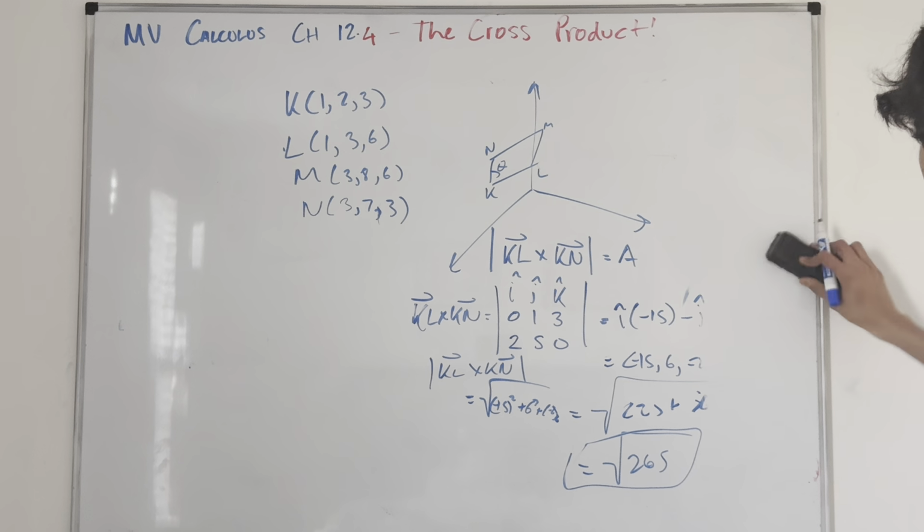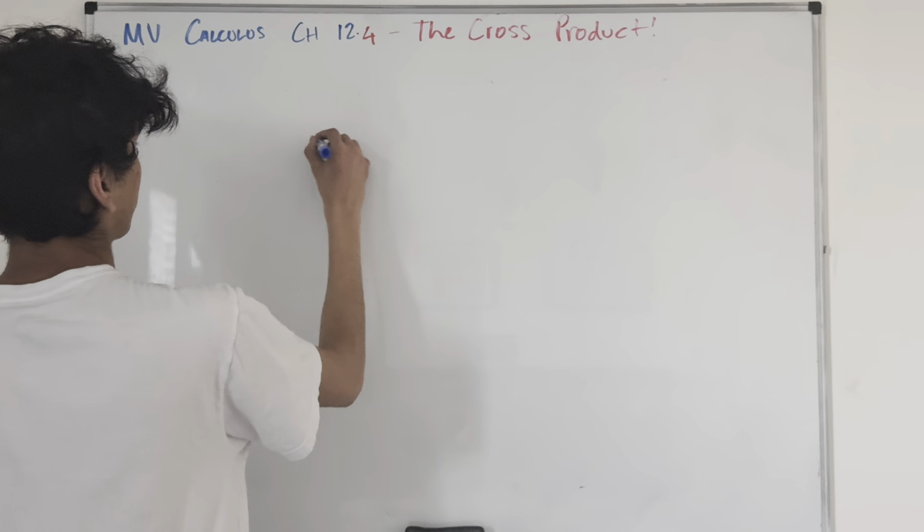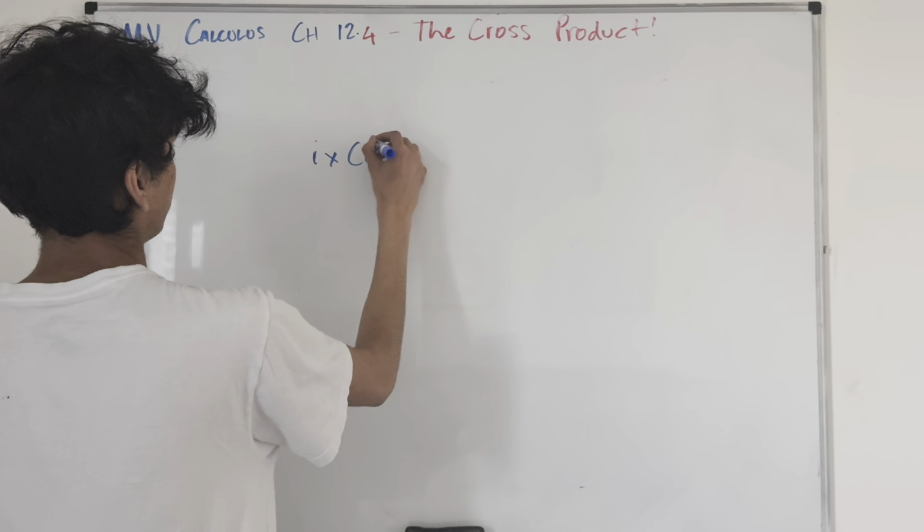Also, you want to see something kind of crazy? If I do I cross J, and these are my standard basis vectors, let me just do that real quick. So I'm doing 1, 0, 0 and 0, 1, 0. This is I hat, this is J hat. I'm just going to skip the whole I, J, K stuff to save time.